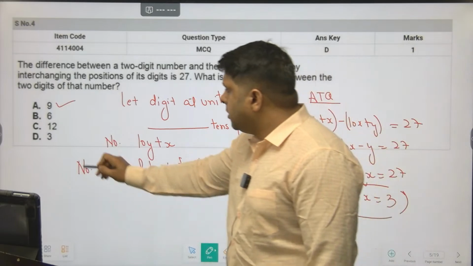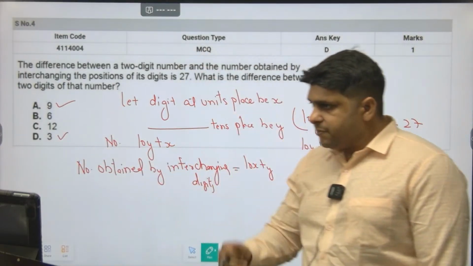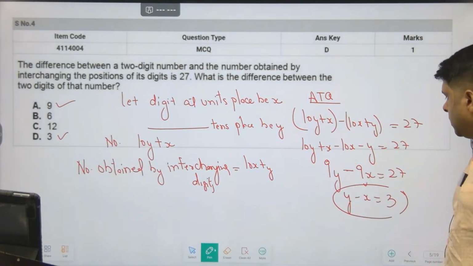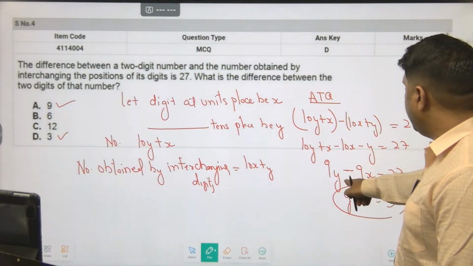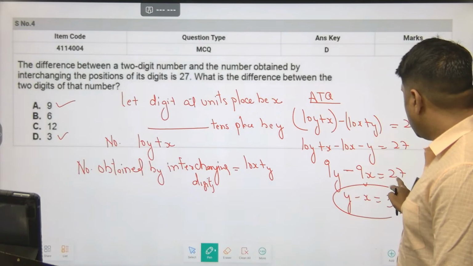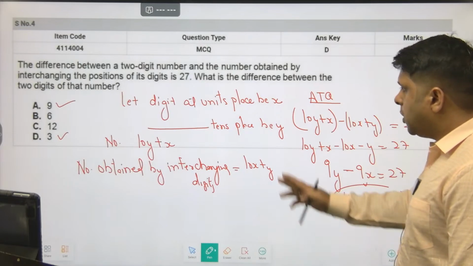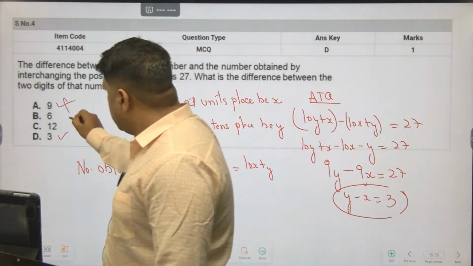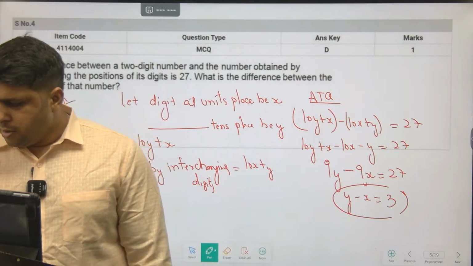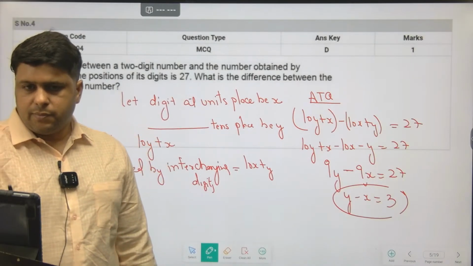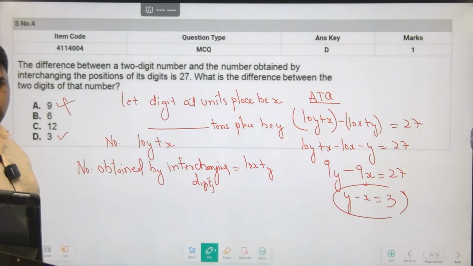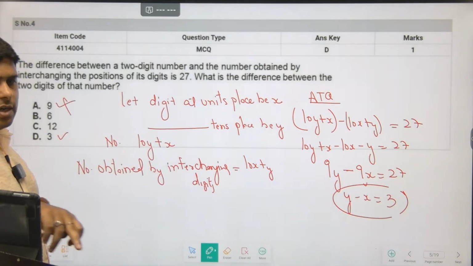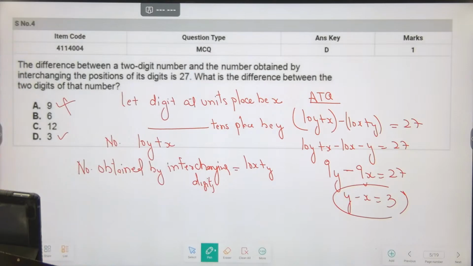So the answer is 3, not 9. Y minus x, because all of them are getting divided by 9. Okay, so 27, 9, 3. So the answer is 3, this is not 9. So how are you saying it is 9? This is my question number 4. So 3 is our answer here, guys, not 9.